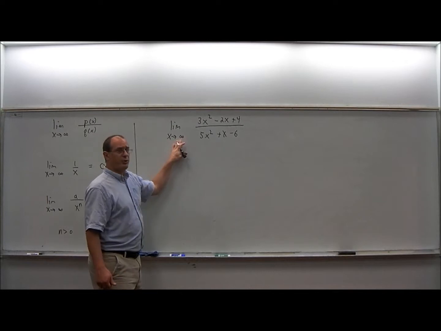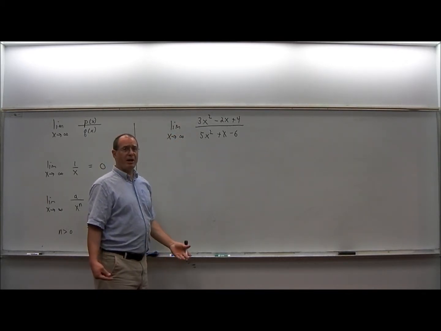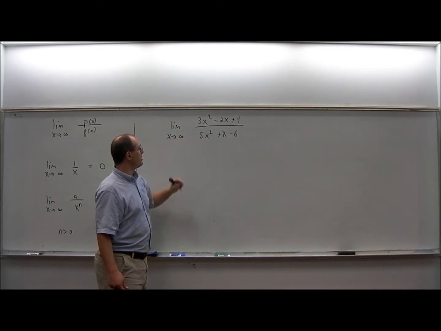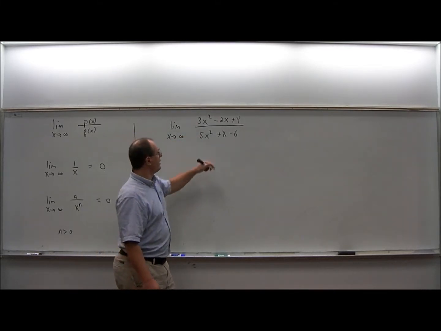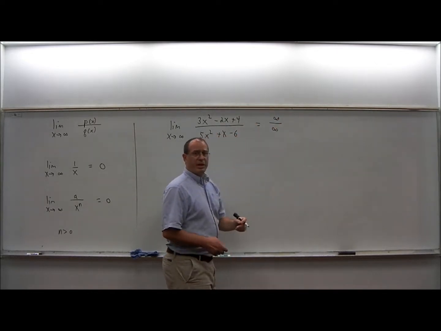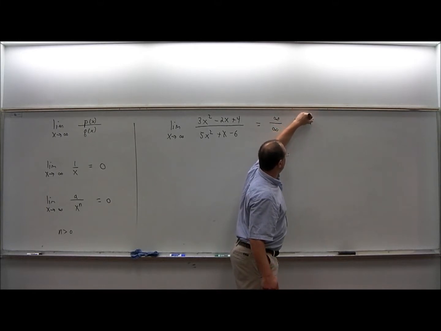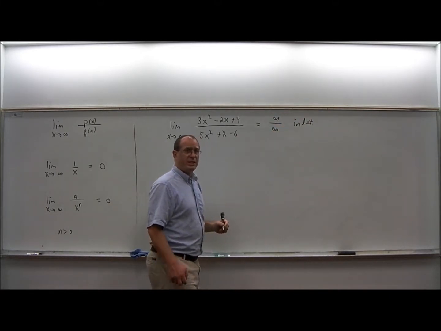As x goes to infinity, each of these quadratic polynomials will go to positive infinity since the coefficients of x squared are positive. So we have the form positive infinity over positive infinity, which is an example of an indeterminate form.